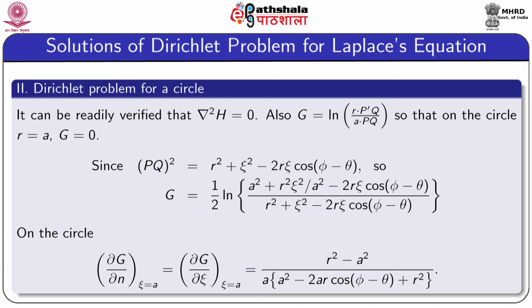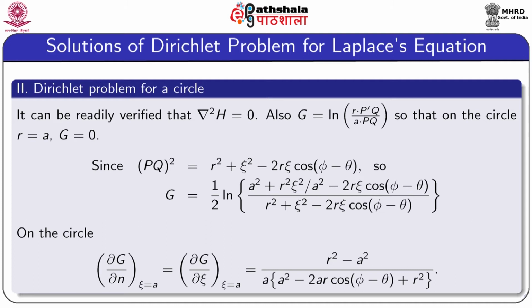Now, on the circle, del G del n is equal to del del xi of G, because in this case our boundary is a circle. So, the outward drawn normal is in the direction of xi. So, del del n is equivalent to del del xi.